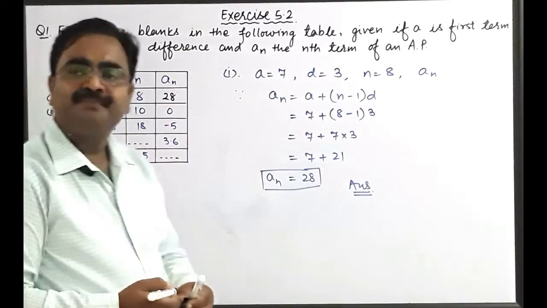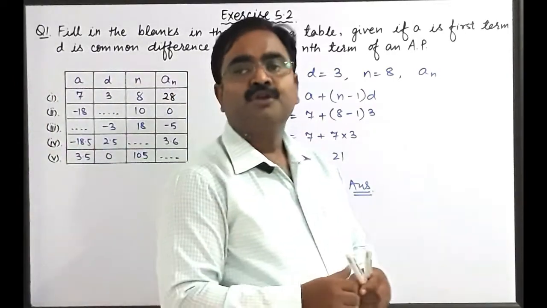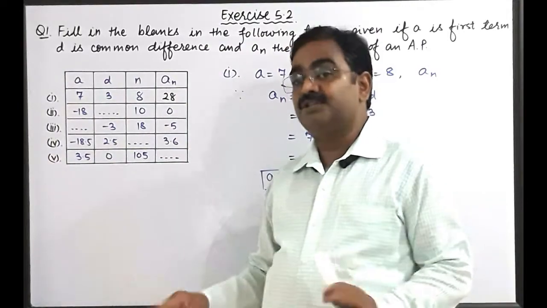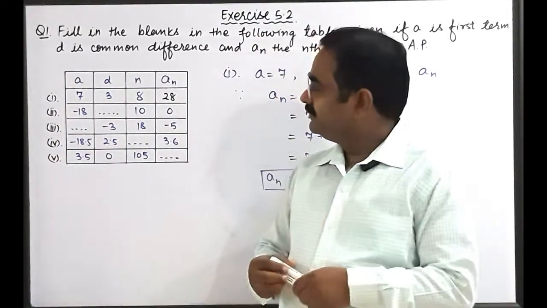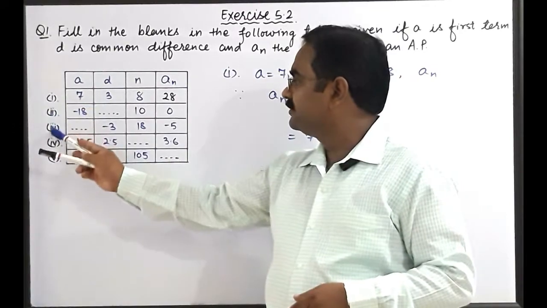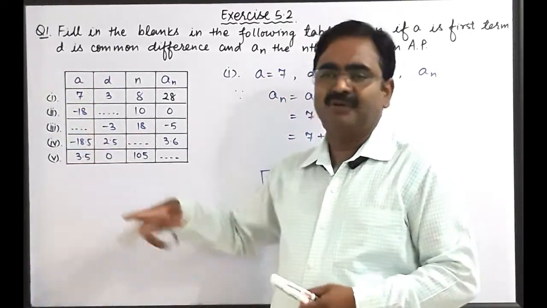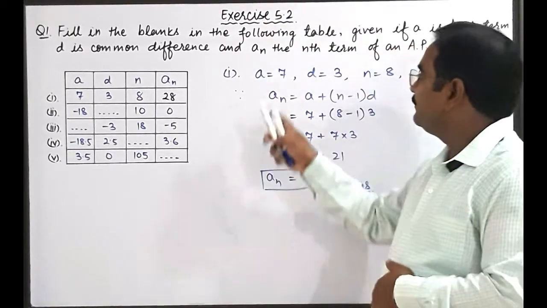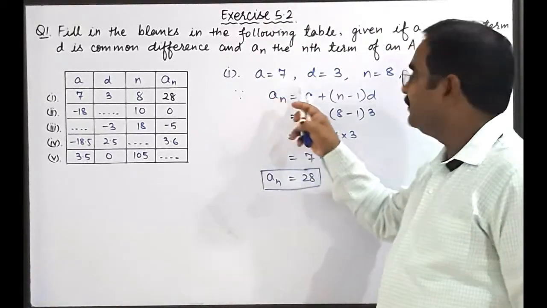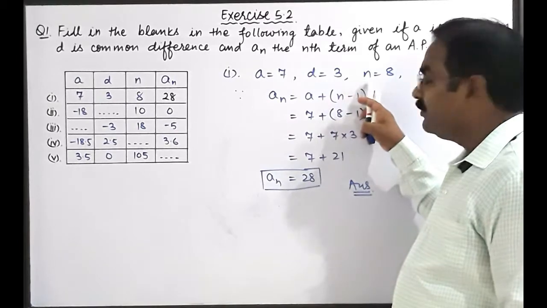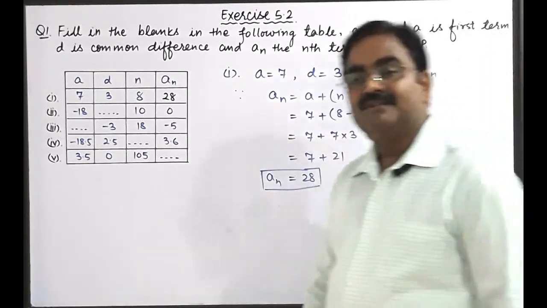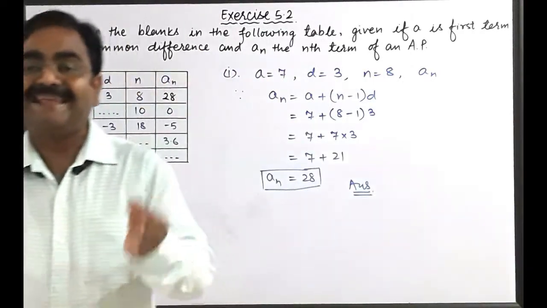Right, children? Any problem? As there are 5 parts given, we are not going to discuss all of them. I am going to explain the first, third and fifth. The remaining 2 you have to solve, right? As the first term is 7, the common difference is 3, and the number of terms is 8, it is asking to find its general term an, or you can say the nth term.